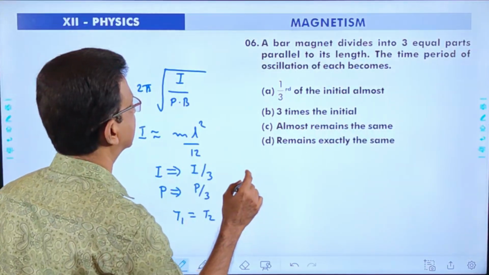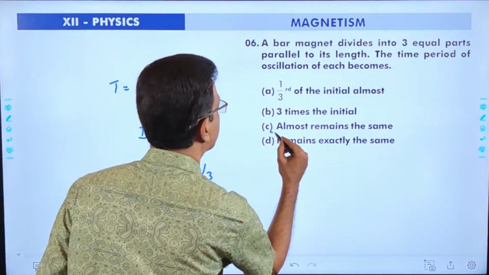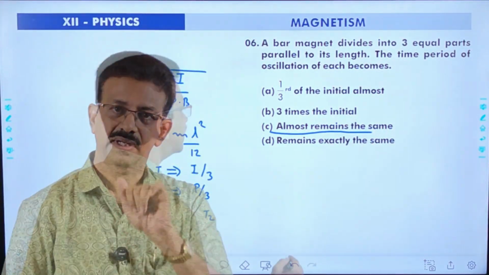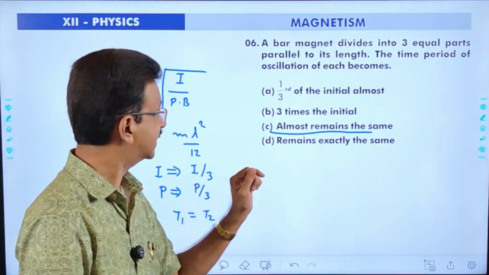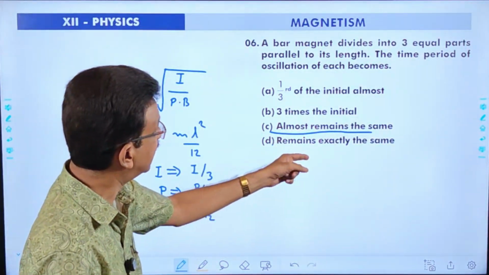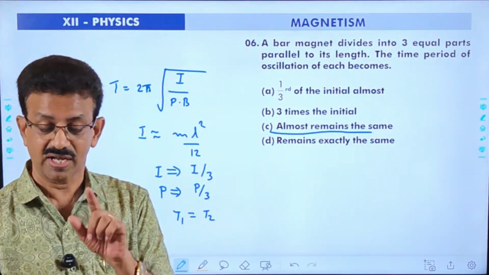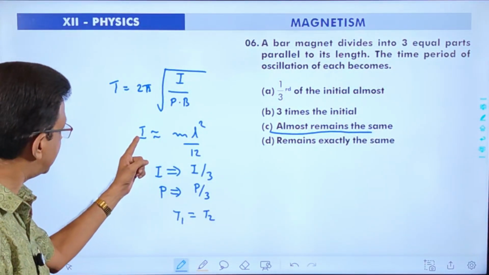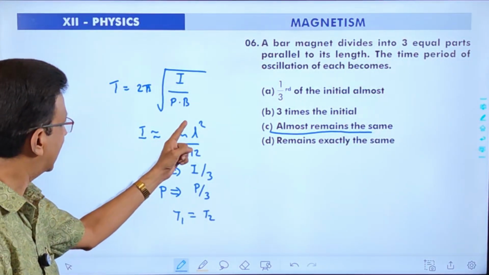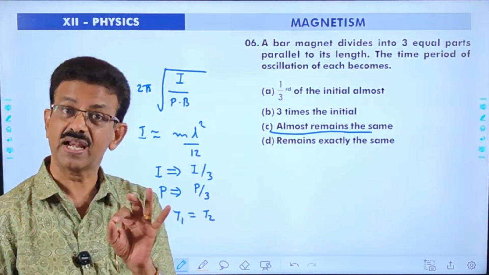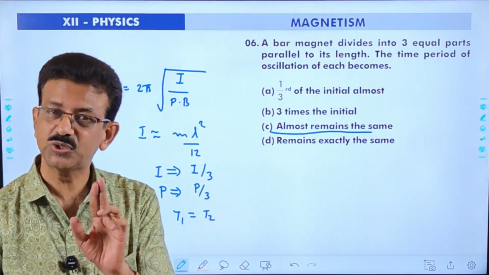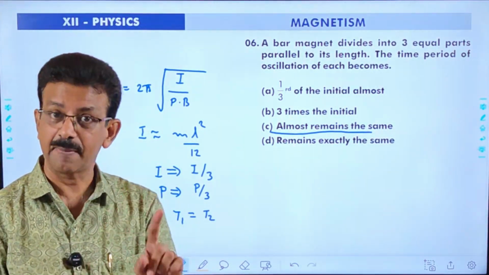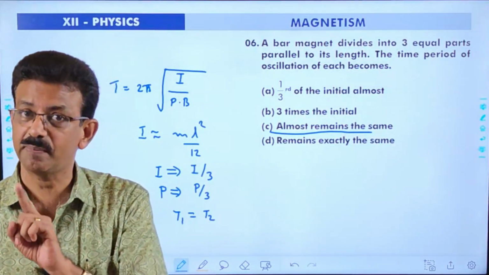Therefore, here the answer is almost remains the same. Here, choices given as almost remains the same and remains exactly the same. Therefore, you should be very careful. Here, we approximated the moment of inertia as ml square by 12. For a rectangular lamina, the actual moment of inertia is m into L square plus B square by 12.